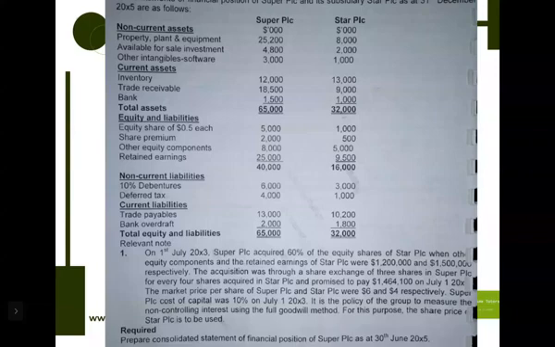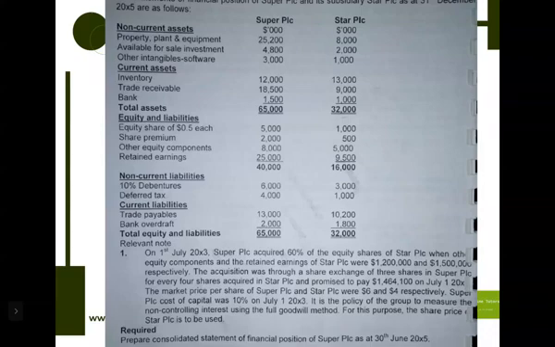On 1st of July 2003, Super PLC acquired 60% of the equity shares of Star PLC when the equity component and the retained earning of Star PLC stood at $1.2 and $1.5 respectively.